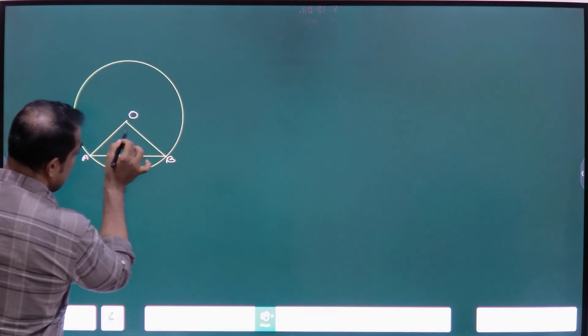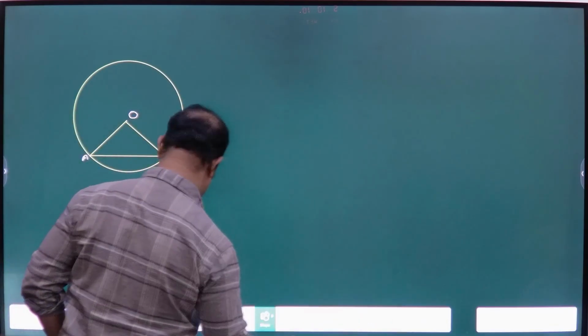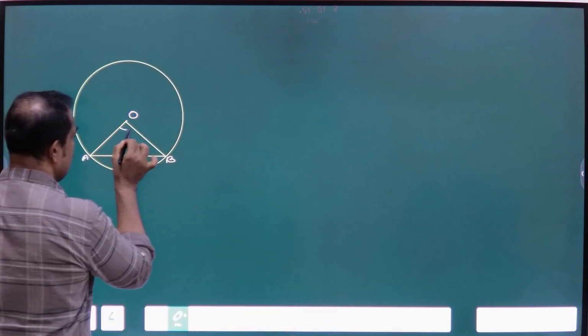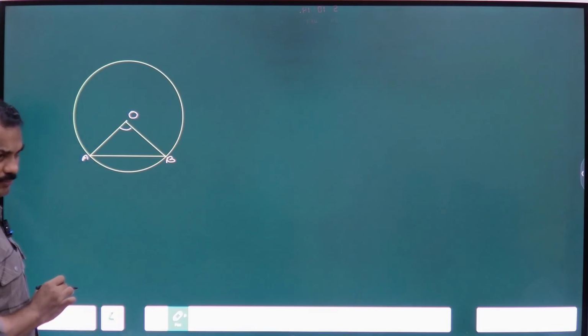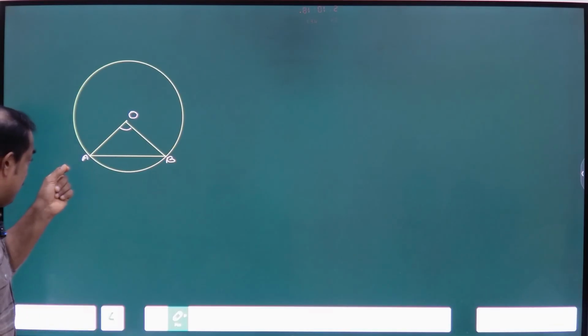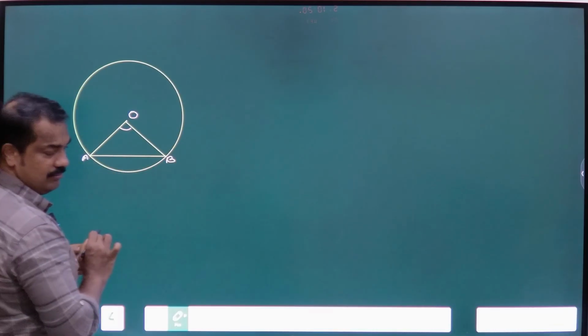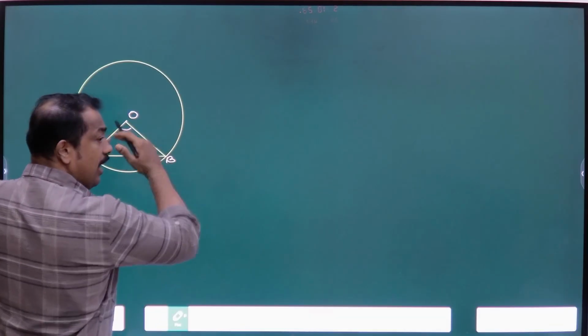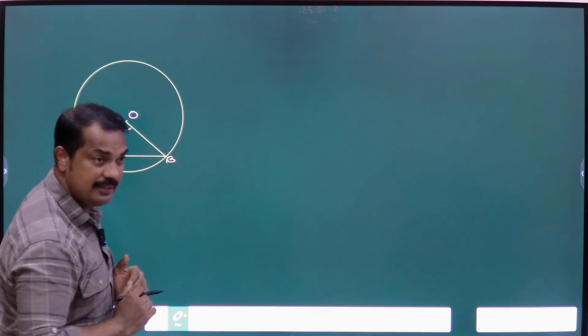What is the name of this angle? AOB. This is called angle subtended by the chord at the center.